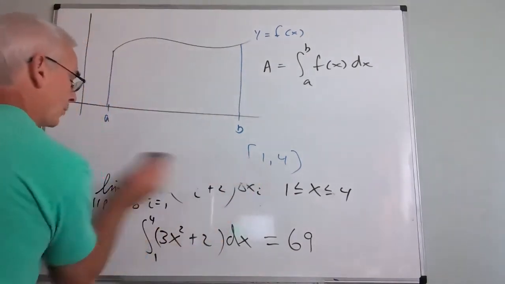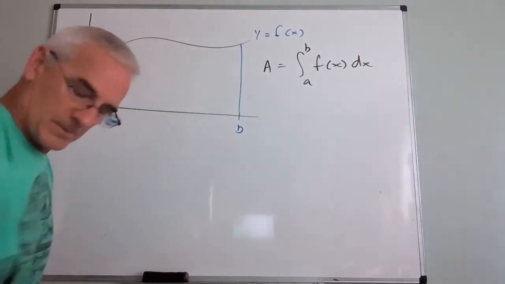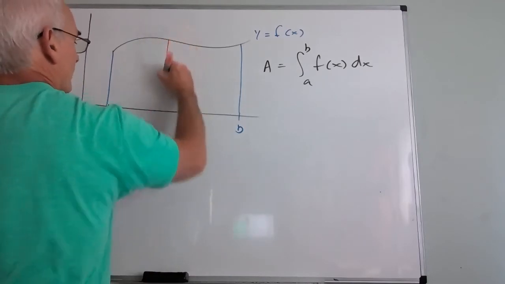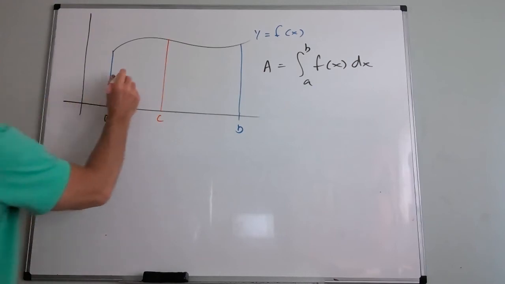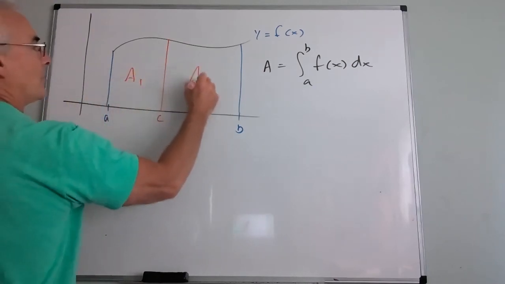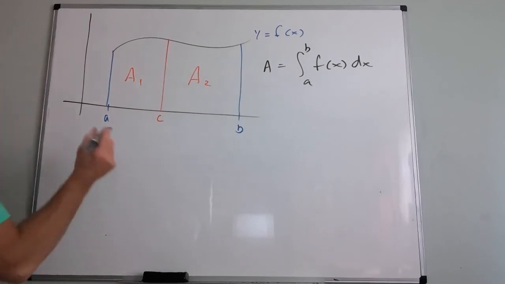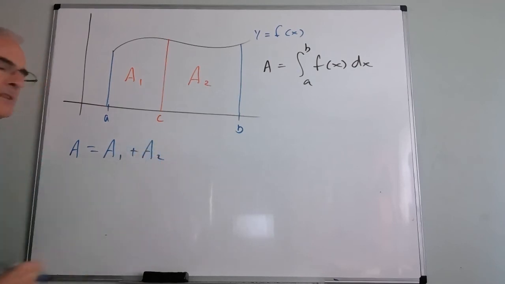Now, there's some really simple algebraic things that I can do with this. First thing. Let's call this A1 and let's call this region A2. Do you think it's safe to say that my overall area equals A1 plus A2? Everybody okay with that?